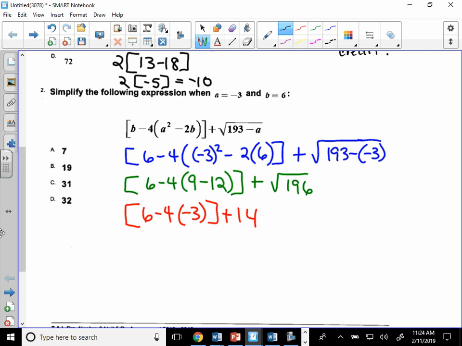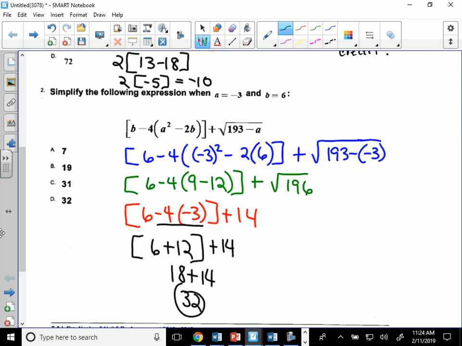Next step. 6 plus 12, because you have a negative 4 times a negative 3, plus 14. 18 plus 14 gives you 32. That answer is D.